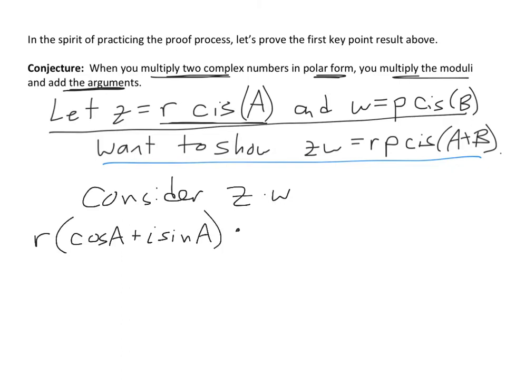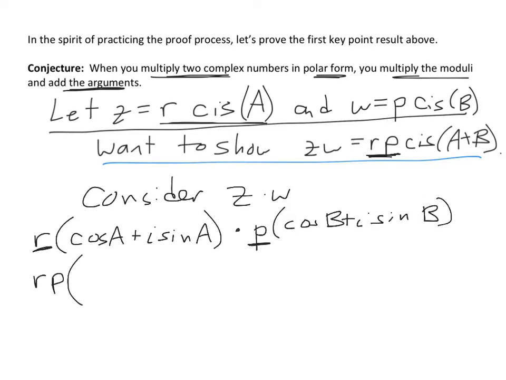I want to do this times w, which is p times cosine b plus i sine b. All right, now I guess my only thought here is I could try multiplying these things together and hope for some good news. I mean, now that I look at it, you've got this r times p here. I could pull those to the front, and that feels good. I at least have the r times the p. So I have rp times, and then maybe we FOIL these things together.